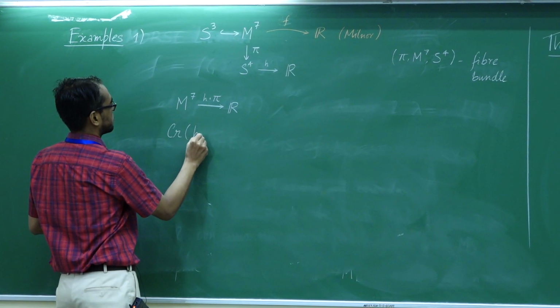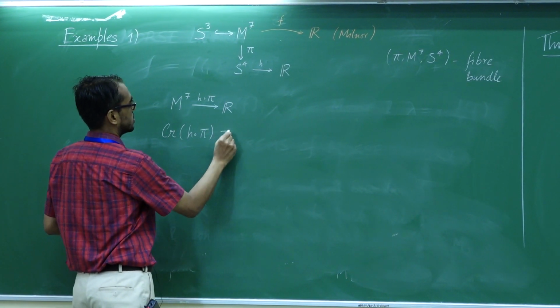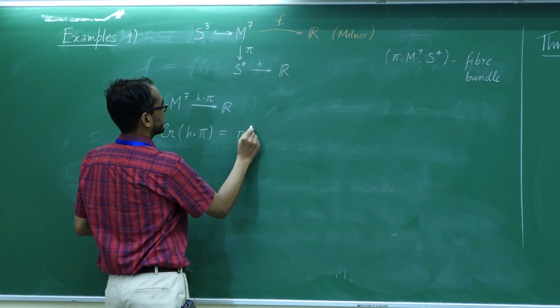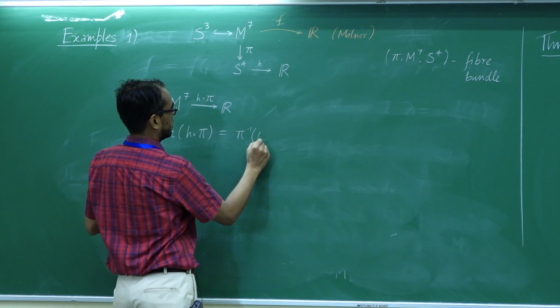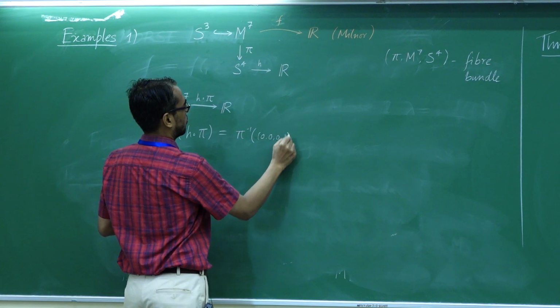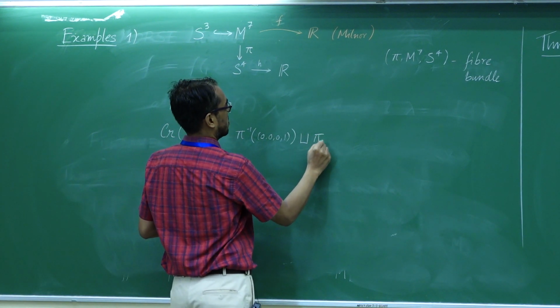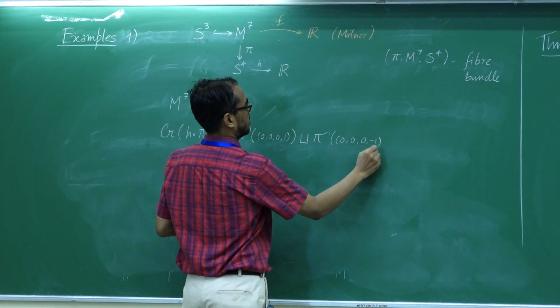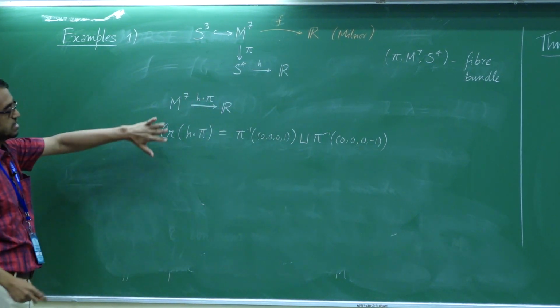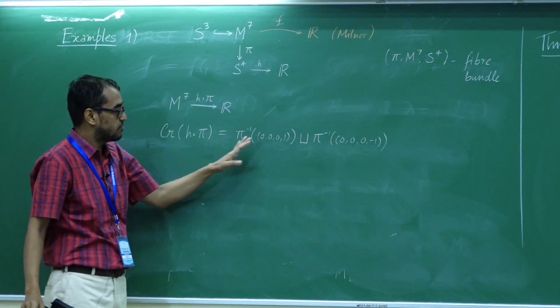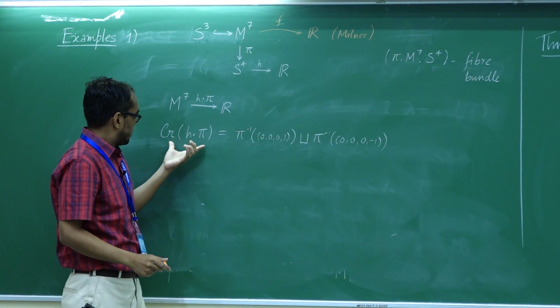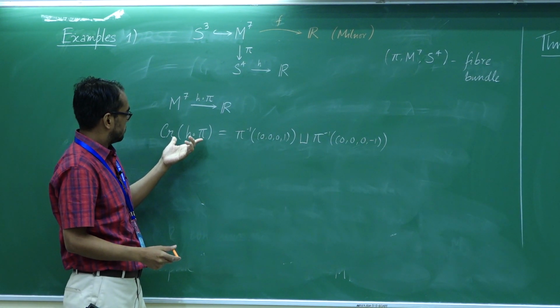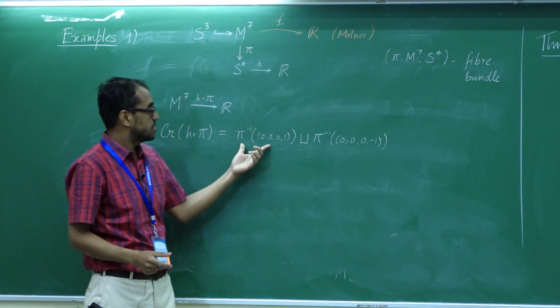Look at this. This is the inverse of (0, 0, 0, 1). In fact, that's it. The critical points of this function are going to be two copies of S3.